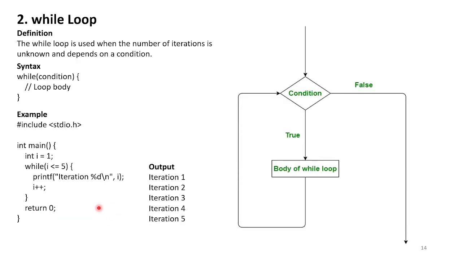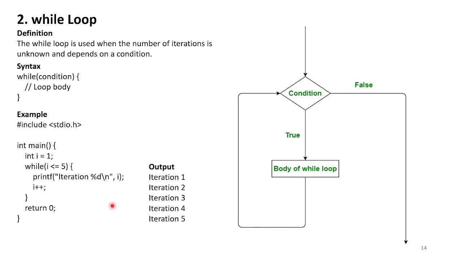In the case of a while loop, on the other hand, if we set the initial value of i as 6, then at the first line it checks whether 6 is less than or equal to 5 before executing the body. So the loop will not be executed at all, because the first iteration does not satisfy the condition.